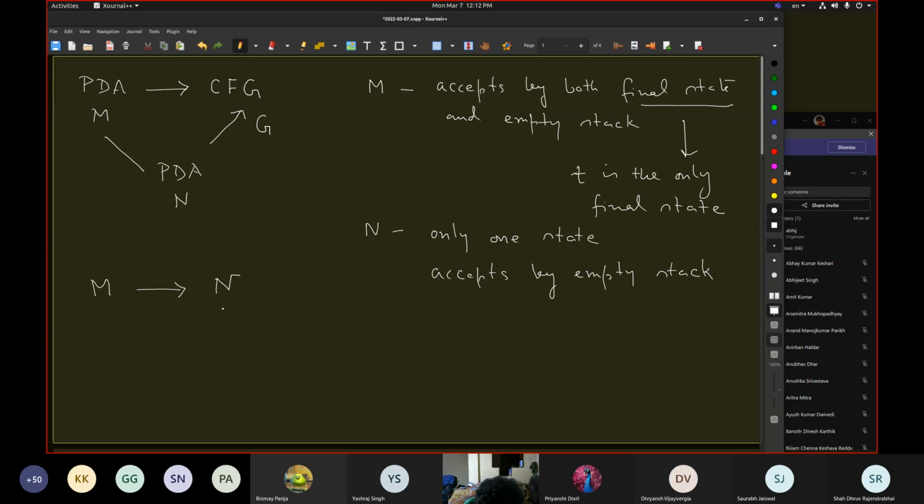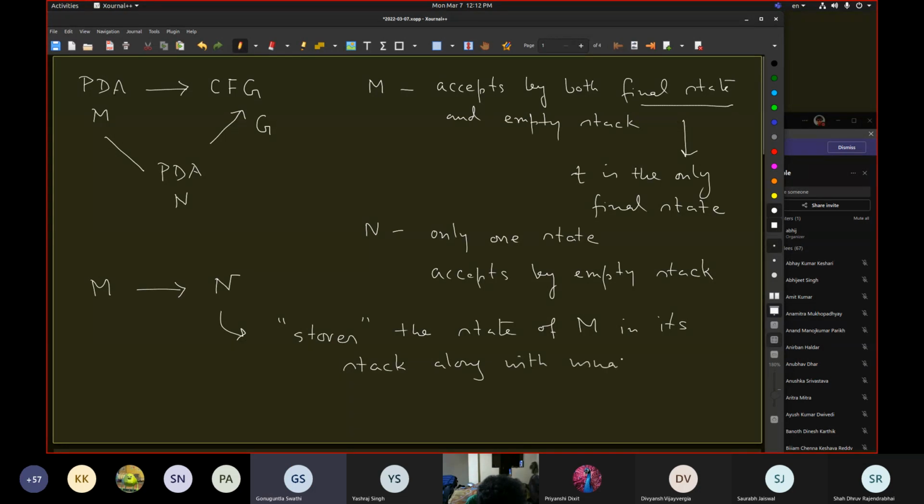So as I mentioned in the last class, N, in a sense, stores the state of M and its stack, along with other symbols of M. So question is how we can achieve this.